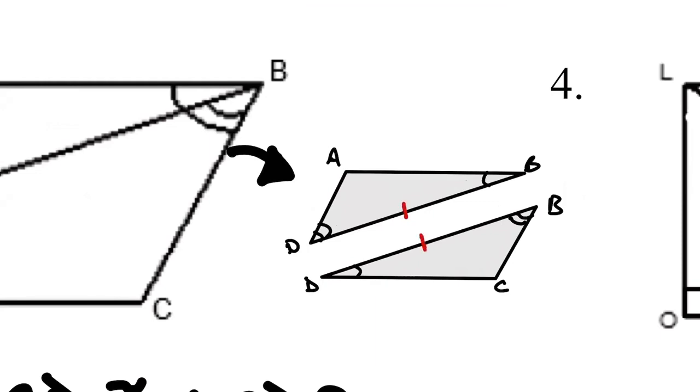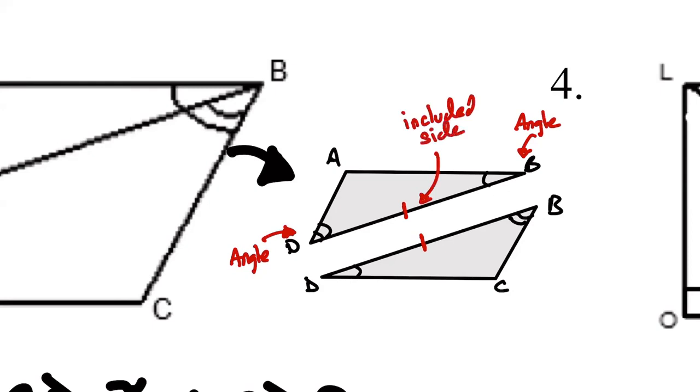All right. So what I'm looking at is an angle, a pair of corresponding congruent angles, another angle, another pair of corresponding congruent angles, and then the included side. Right.